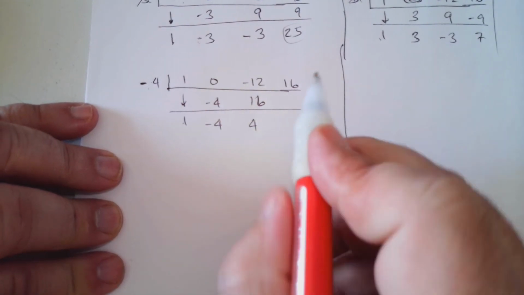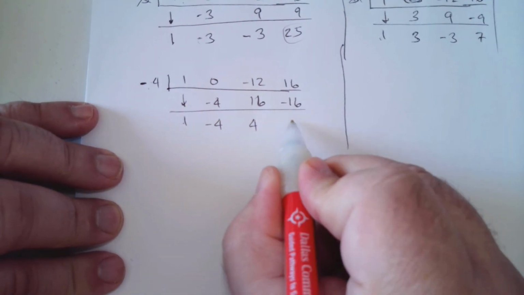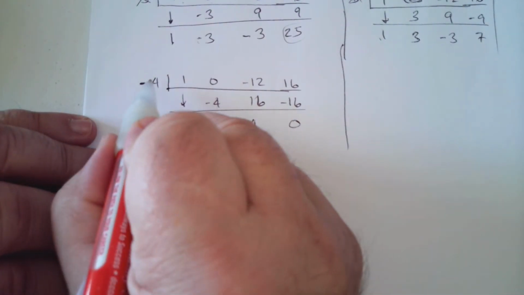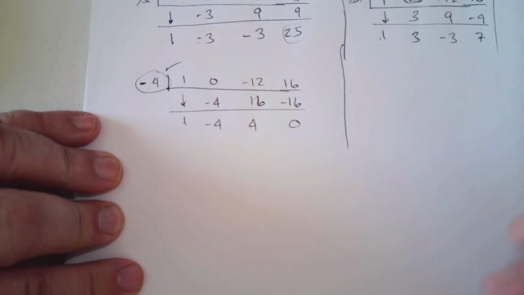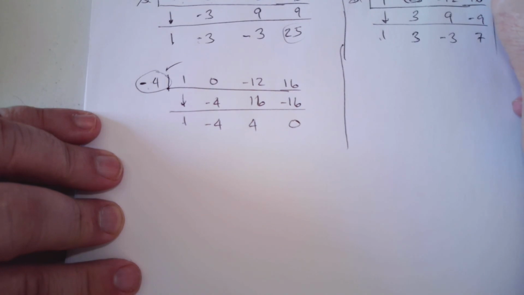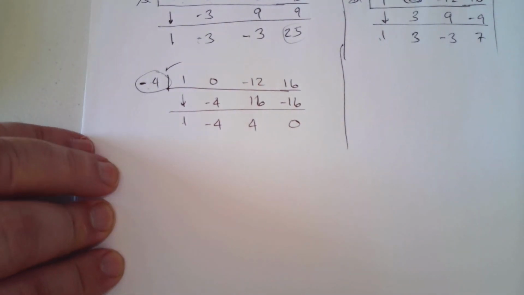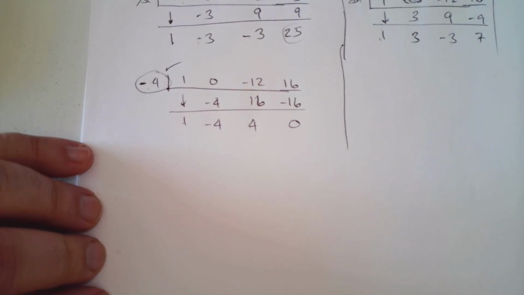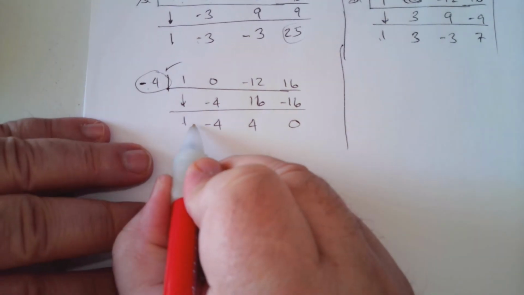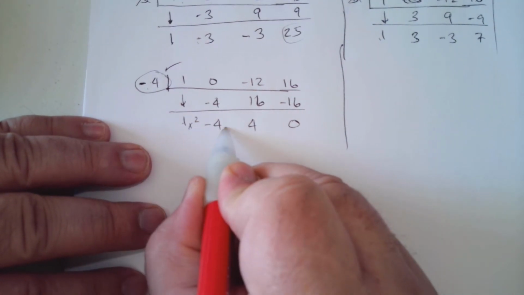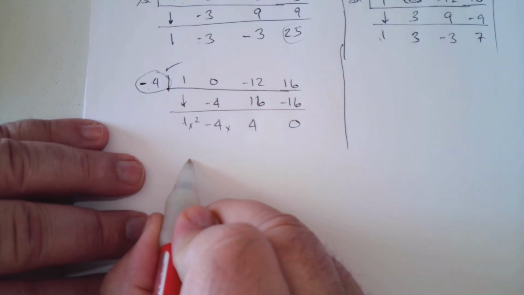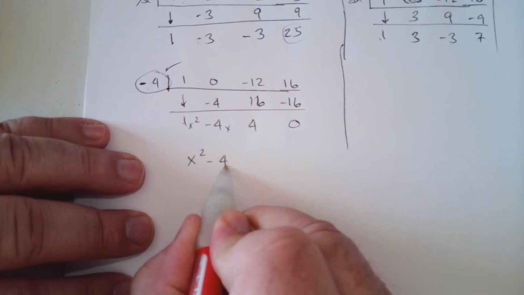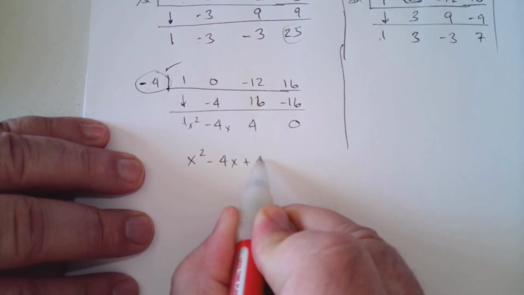Negative 4 times 4 is negative 16. So that means x plus 4 is another solution. So that means it is x squared, x, and a constant. So we're looking at x squared minus 4x plus 4.